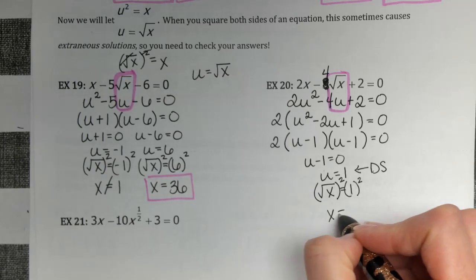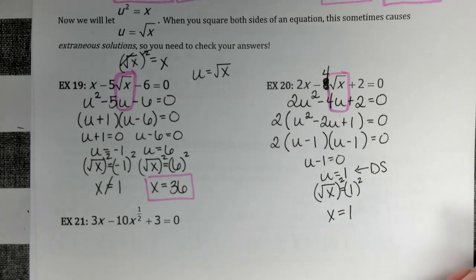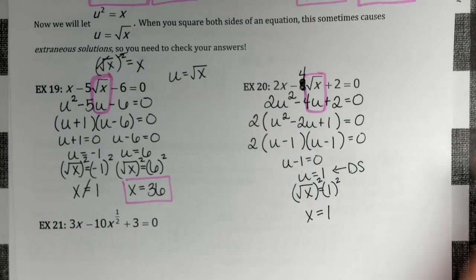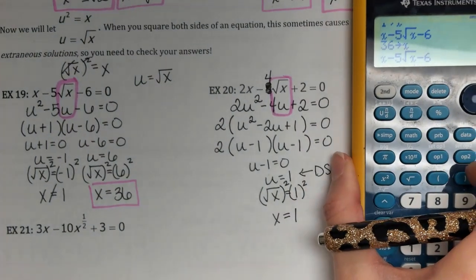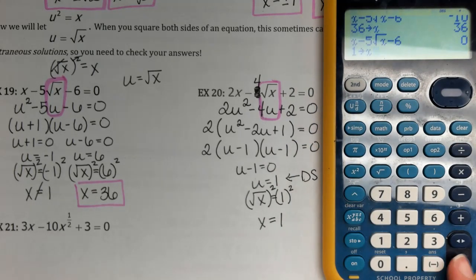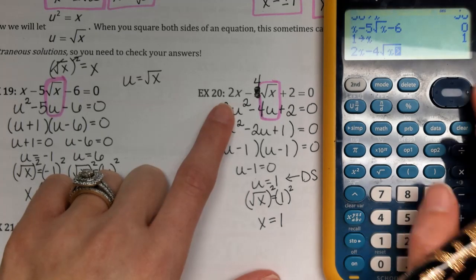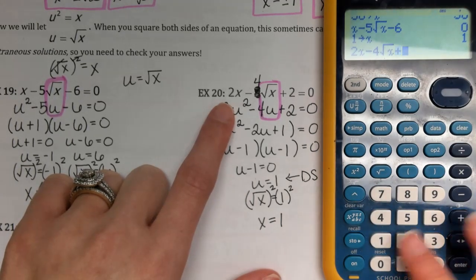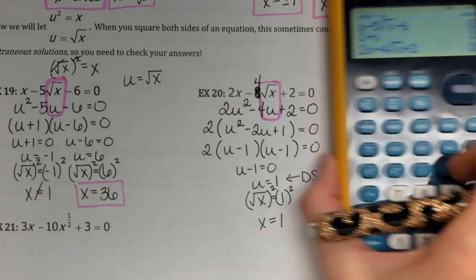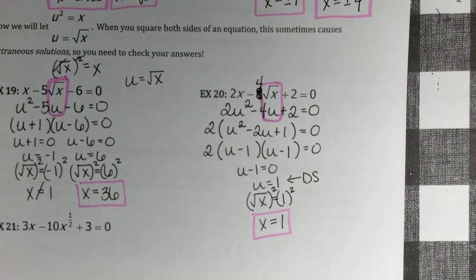So x is equal to 1. Okay, so we could do this in our head, or we can just type it. Let's just type it. So 2x minus 4 square root of x plus 2 equals 0. So I know I'm good with that.